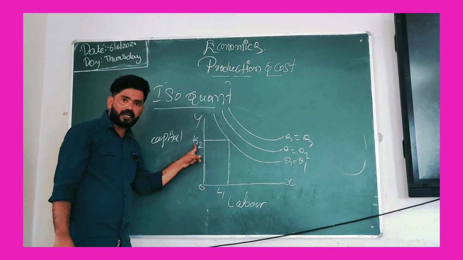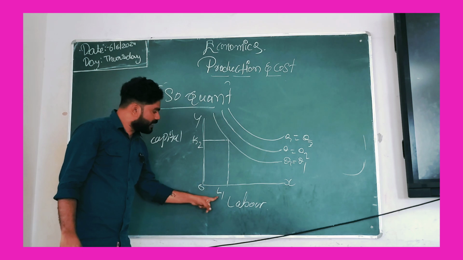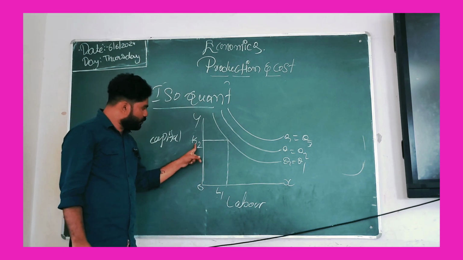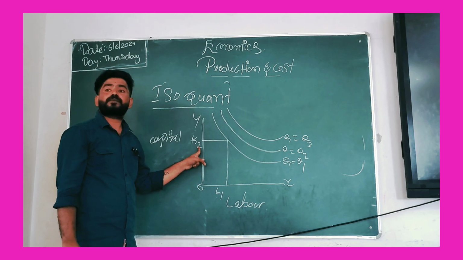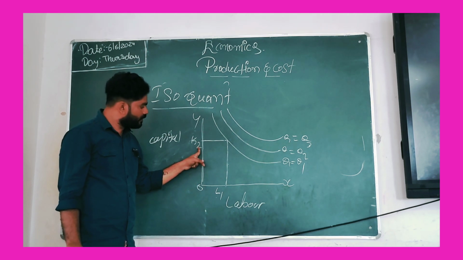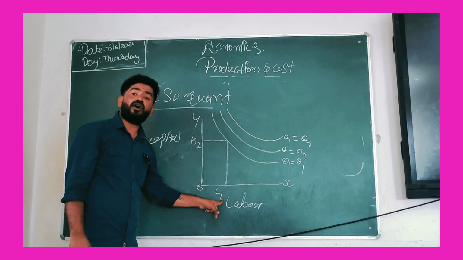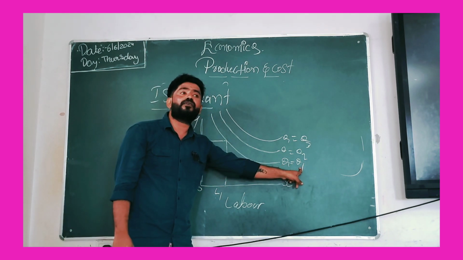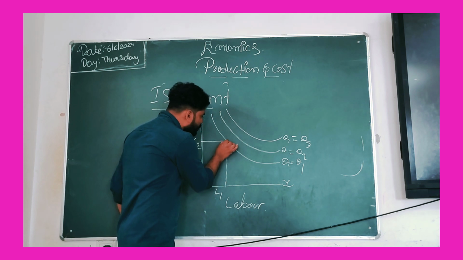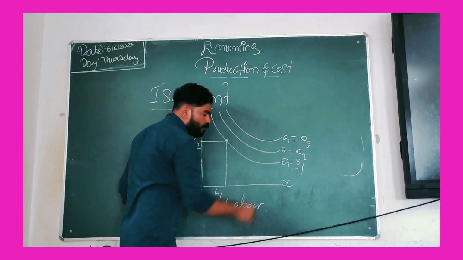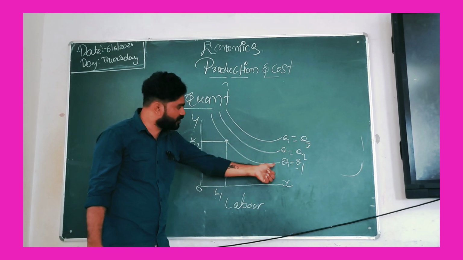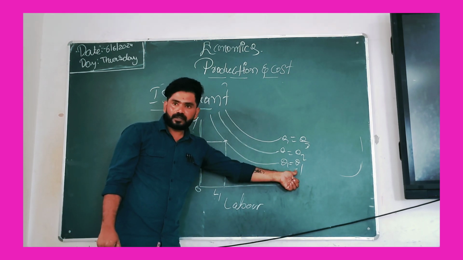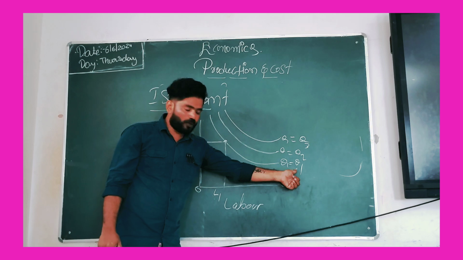K means capital, L means labor. A firm using K2 units of capital and L1 units of labor yields Q1 level of output. The firm gets Q1 level of production.